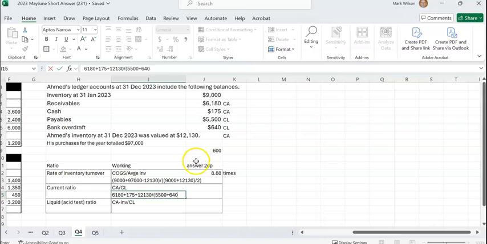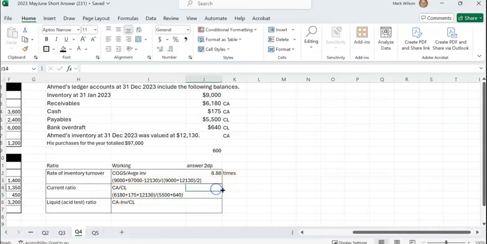And if you're putting these in your calculator, we do need to put brackets in. So this tells us over the short term whether or not we've got enough money to pay our debts.